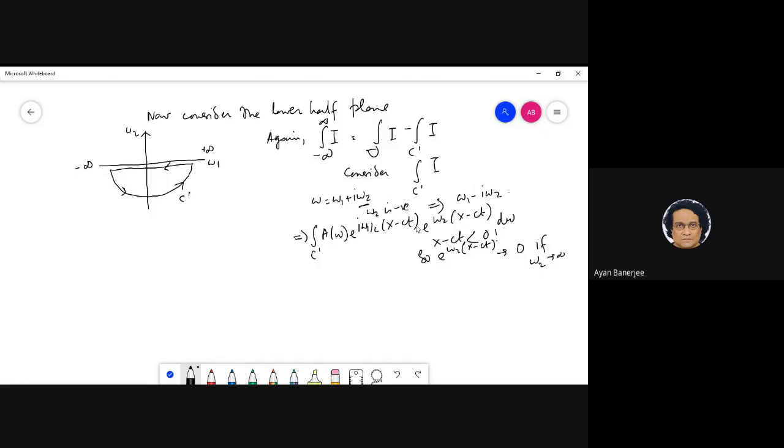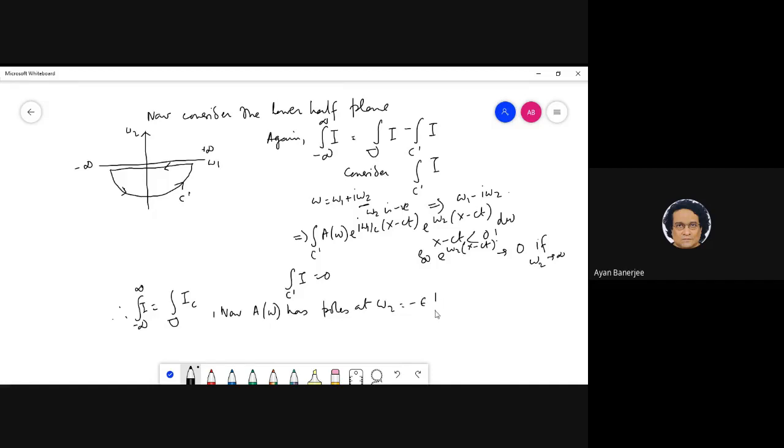Right? So now obviously you know what is going to happen. This one is 0 straight, this is 0 no doubt, and therefore your integral from minus infinity to infinity of I is nothing but the whole contour, whole area. And obviously you know that A of omega has poles. We have seen that it has poles at omega 2 equal to minus epsilon, right?